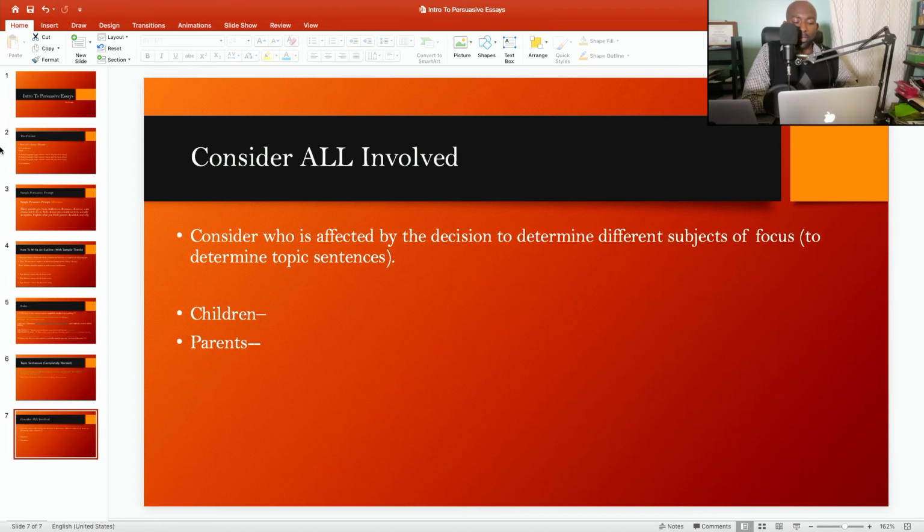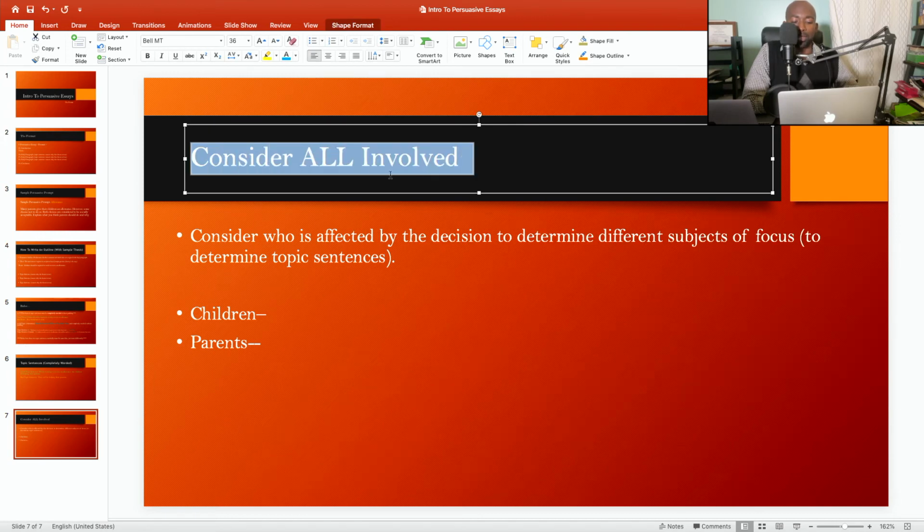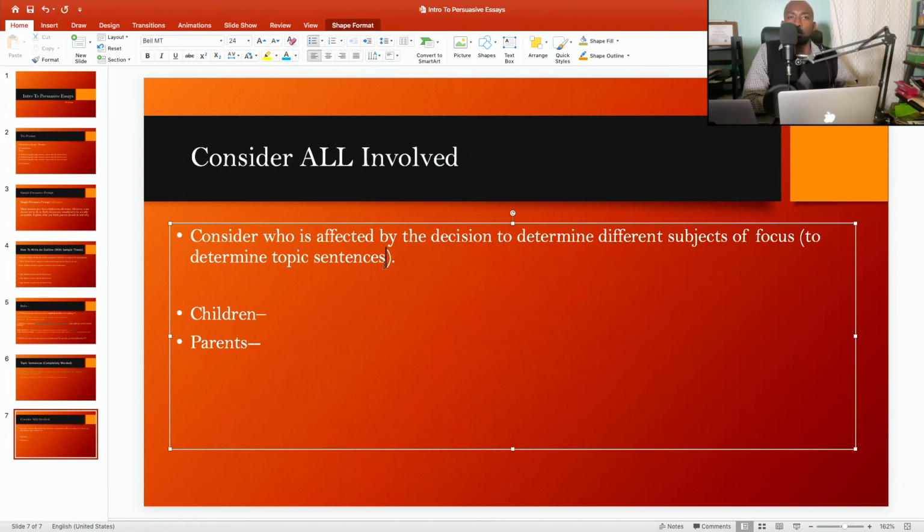And so what does that mean? What does it mean to consider all involved? Well, it just means to consider who all is affected by the decision you're making, or who could be involved in the decision you're making, for the sake of coming up with different subjects to focus on for your topic sentences.